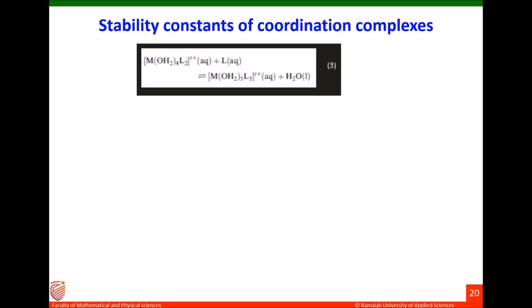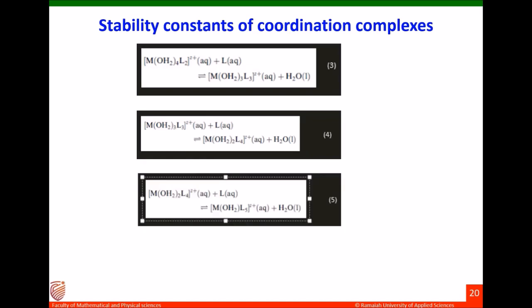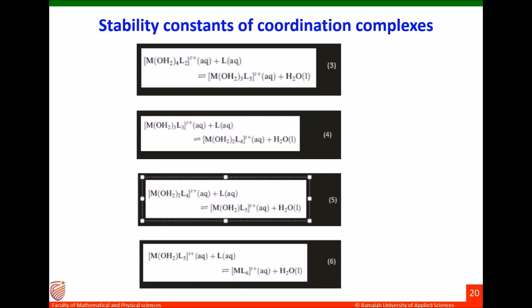The ligand replaces one H2O group from [M(OH2)4L2] and forms [M(OH2)3L3], and this will continue until the removal of the last OH2 group from the complex ion, forming a new complex [ML6]^(z+). So there are 6 stepwise displacement reactions for the hexa aqua ion [M(OH2)6]^(z+).